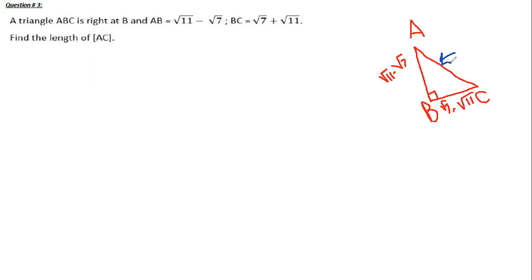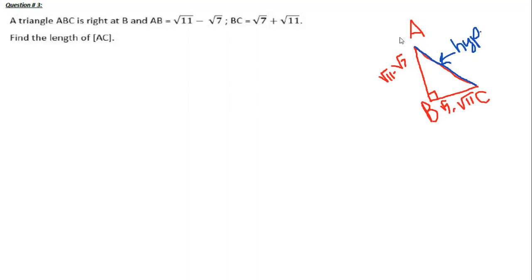Amir, I want to ask you, in triangle ABC, which is right at B, what does AC represent? What is AC in this triangle? Hypotenuse. Bravo, this is the first thing I should know, that AC is a hypotenuse. I will tell you something, please always keep it in mind, never forget it.